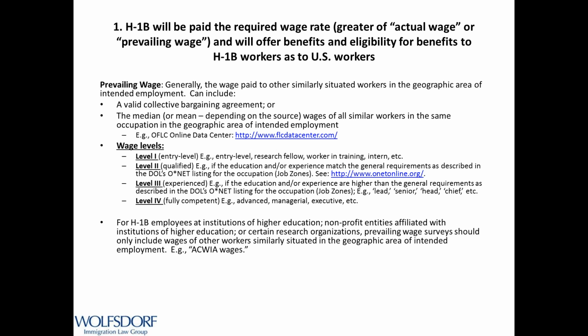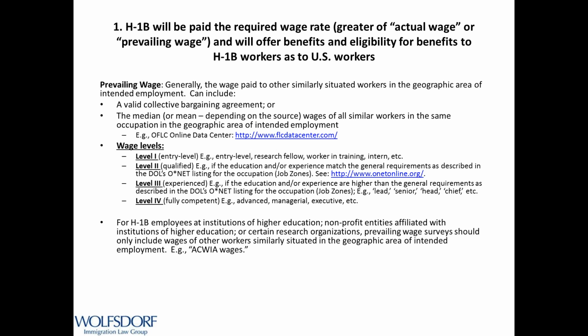You can take a look at those links afterwards. You'll receive a copy of these slides, and they'll be available on our website. But you can take a look at those links and visit the Department of Labor site, click around, and see what you find, because it can be very helpful to know in advance, even before you approach, say, the immigration attorney to get this ball rolling, the ballpark of the salary that will be minimally required for the prevailing wage side.